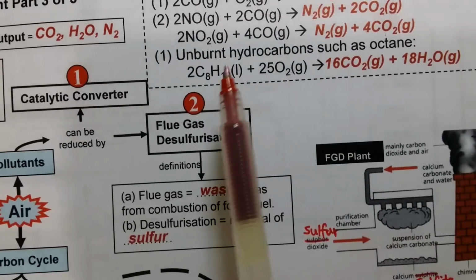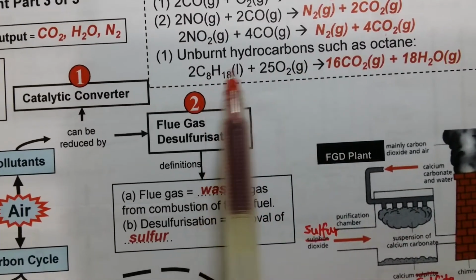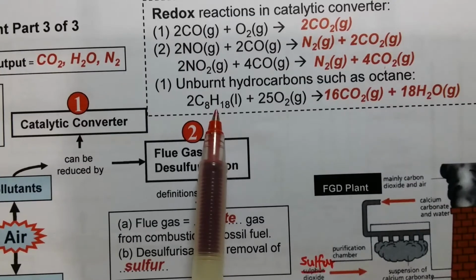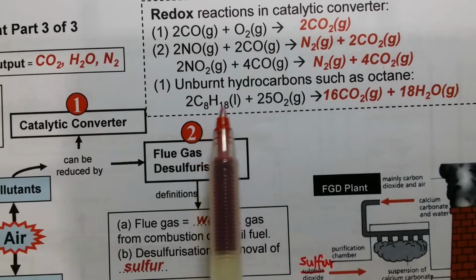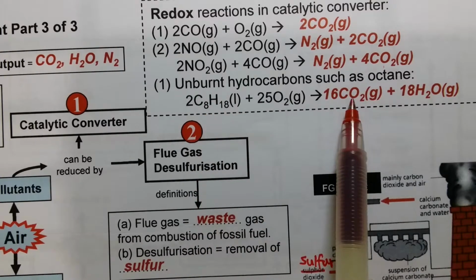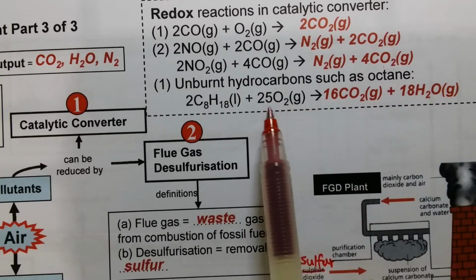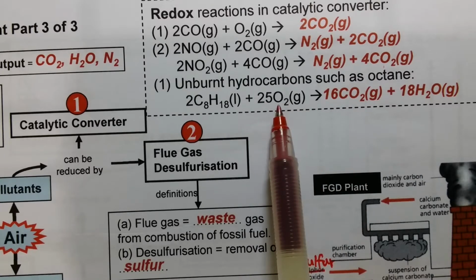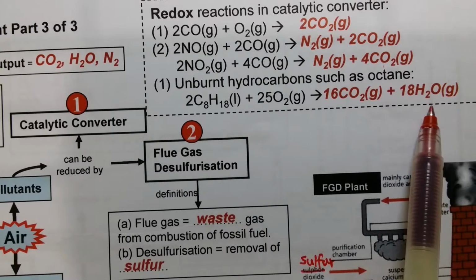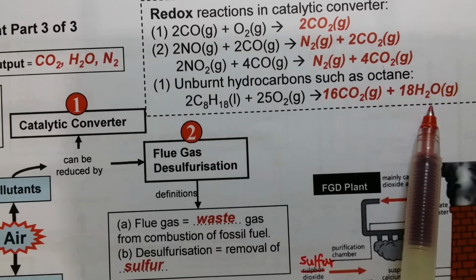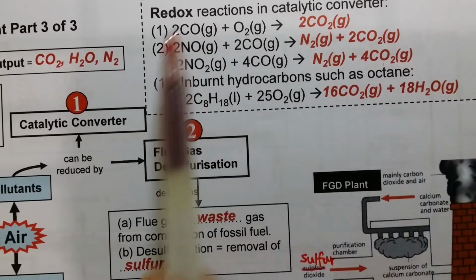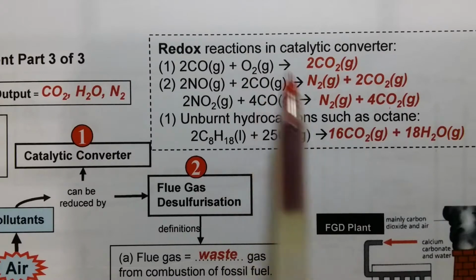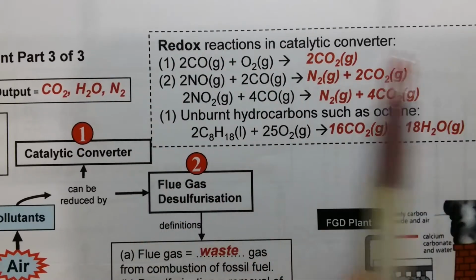Unburned hydrocarbons such as octane would be oxidized to form carbon dioxide, and the oxygen would be reduced to form water. These chemical equations are very important, so you need to know how to write them.